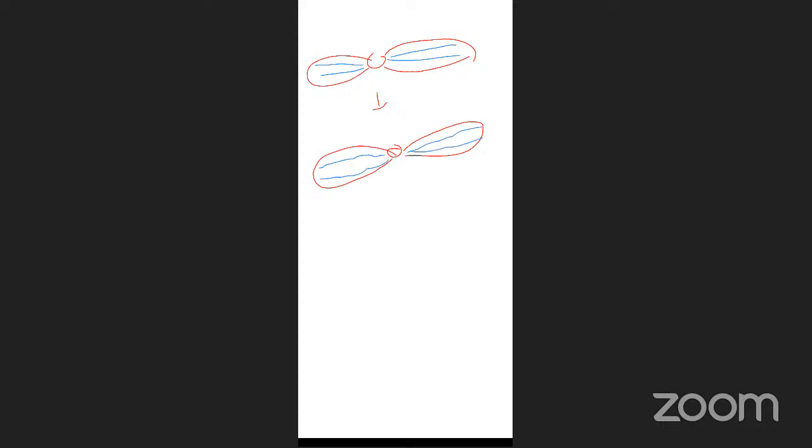For example, this is a chromosome, chromatin threads. No, chromomeres. Elongated threads with some loosely arranged beads. This is called chromonema.